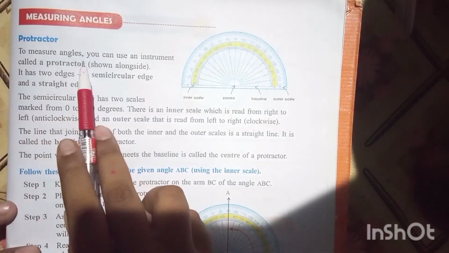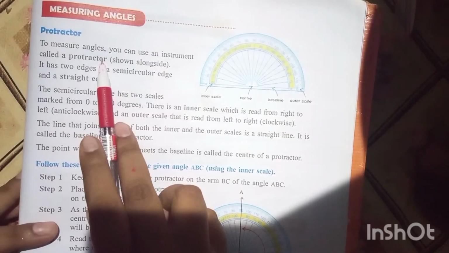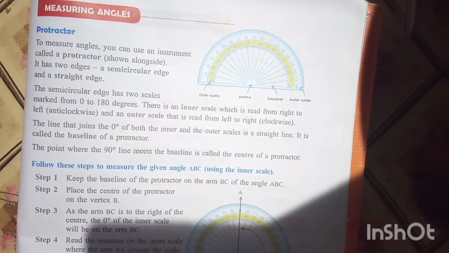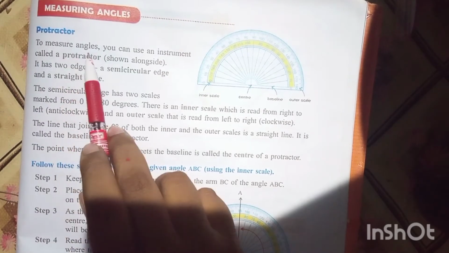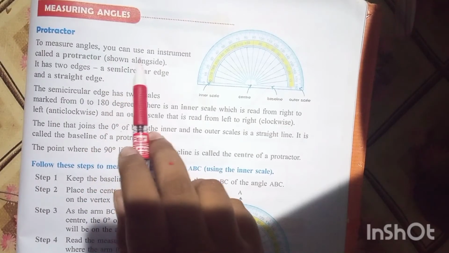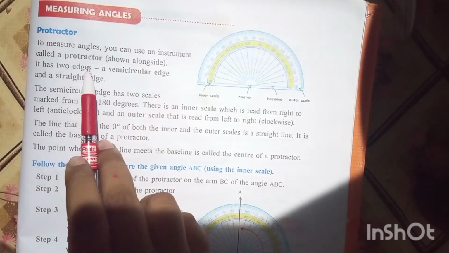To measure an angle, the unit is the degree. I have also shown you the symbol of degree. To measure angles, you can use an instrument called a protractor.